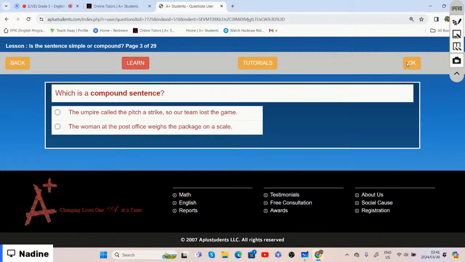Which is a compound sentence? The umpire called the pitch a strike, so our team lost the game. Or the woman at the post office weighs the package on a scale. We need to say it's a compound sentence. And which one?